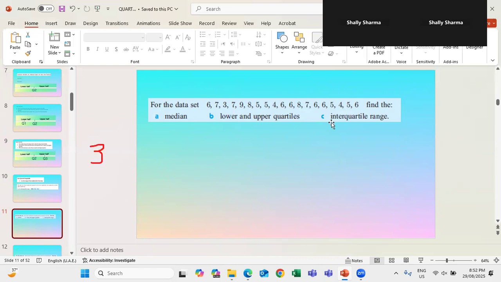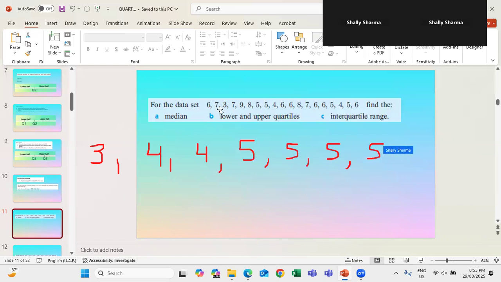Then I can see there is 4. How many 4s are there? 1, 2. So there are 2 4s. Then we have 5. How many 5s do we have? 1, 2, 3, 4. So we have 5 four times.